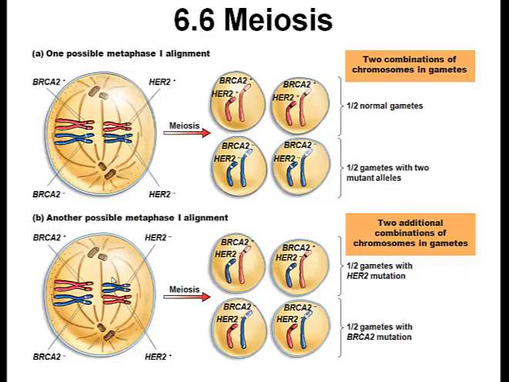The genes that we see on the screen here, in case you're wondering, they're not especially important to understanding this idea of random alignment, but your book uses them as an example of two genes that are very serious. HER2 is a gene that's associated with ovarian cancer, and BRCA2 is associated with breast cancer.